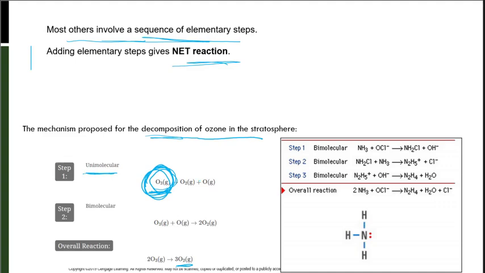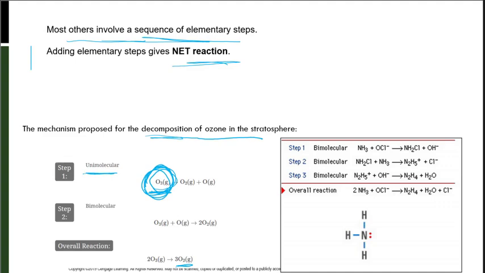Well, in a unimolecular reaction, the reactant species must acquire enough energy to break apart. Well, where does that energy come from? It can come from collisions of the reacting molecule with other molecules of the same kind. So an O3 molecule with another O3 molecule, with solvent molecules, or with some high energy background molecule.